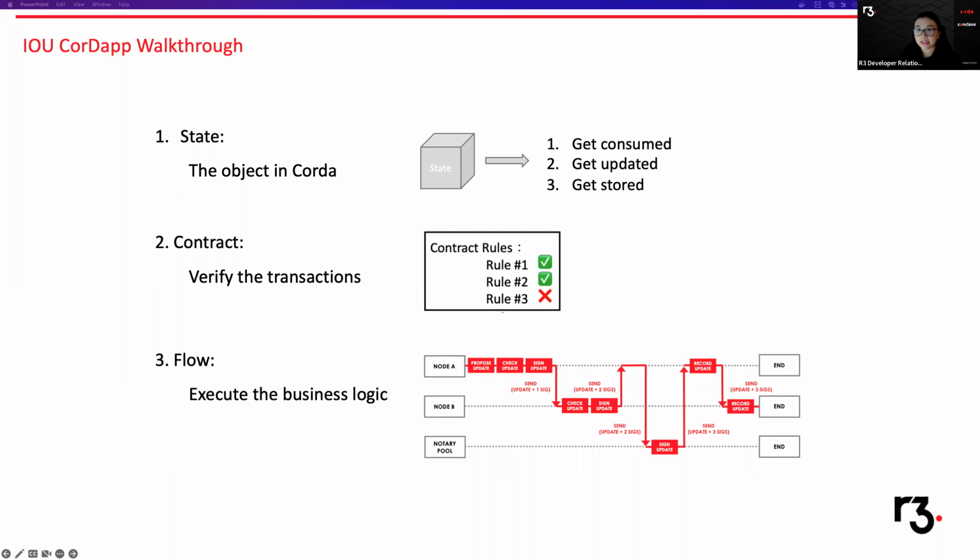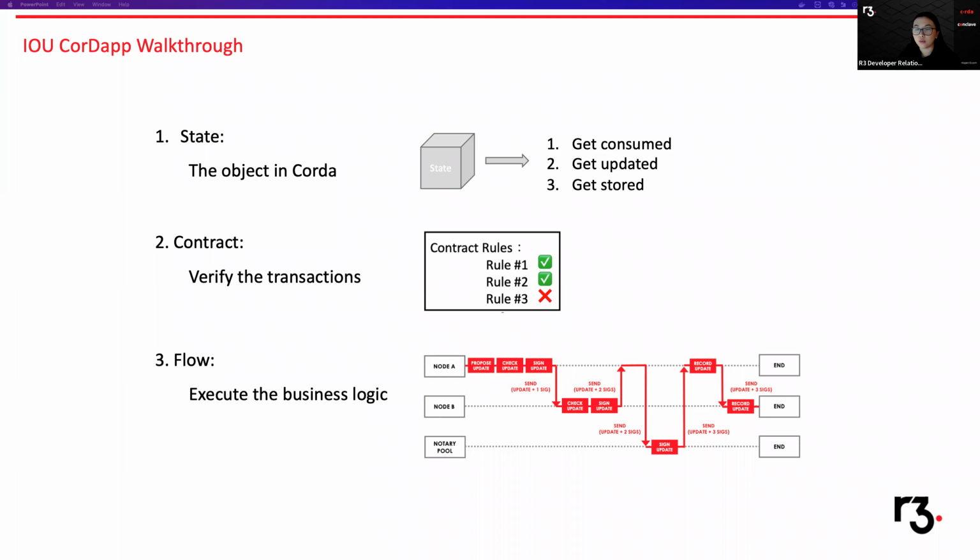But in terms of Next Gen Corda compared to Corda 4, in terms of the core components, it's actually still quite similar. It still consists of state, contract, and flows. If you're not too familiar with these three core components, I would really recommend you check out our Corda 4 content on our YouTube channel, as well as on our docs, because we talk about these three core components extensively.